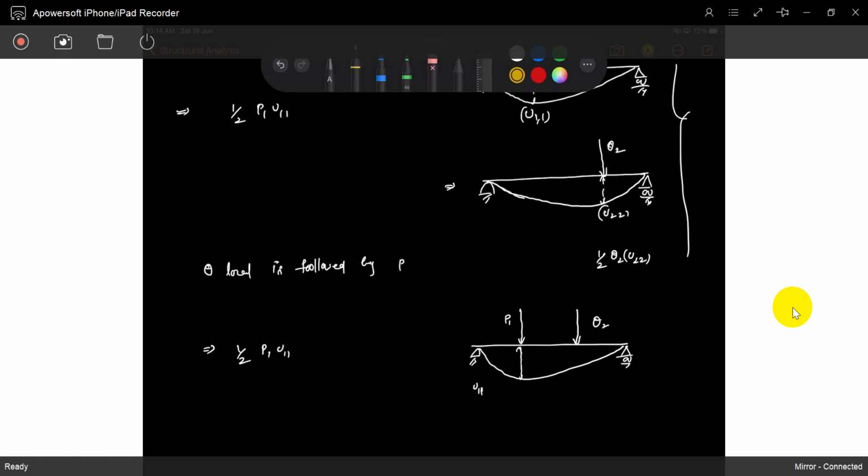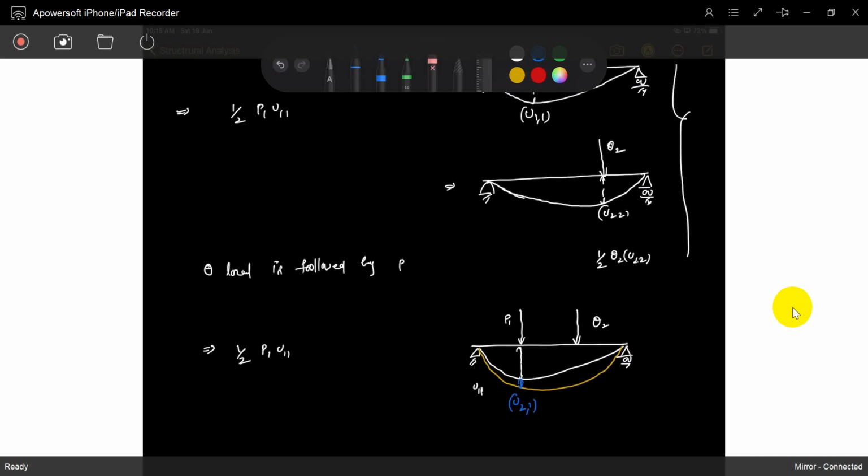It will deflect like this. So this is a deformation, and I call it delta 12. It is the deformation by the application of the second load, but in the direction of 1.